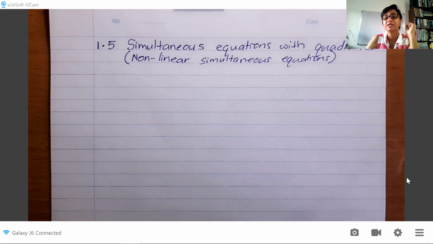One method is called the substitution method. And the other one is, make the two equations equal.